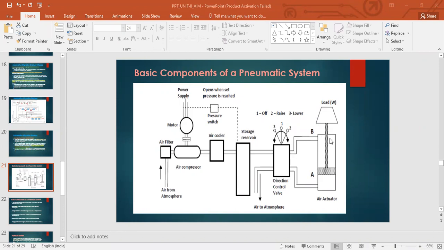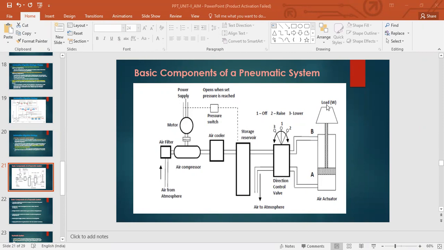So if you send it to B, the load, or whichever thing it is that we want to operate or move, it's not just a load as in some weight. There could be anything that we are trying to operate or move. So it will move that load. If the direction control valve sends it through A, not to B, to A, then it will fill up the volume here and, because of the increase of pressure, it will try to push this piston up.